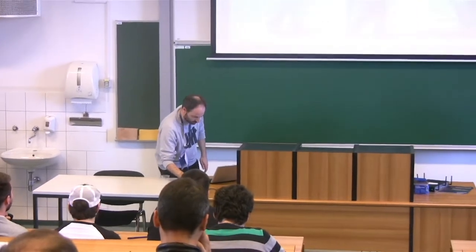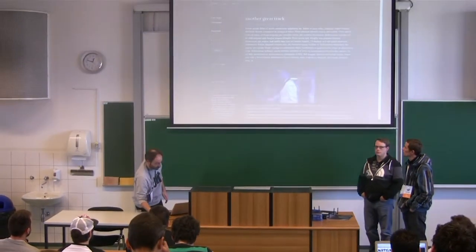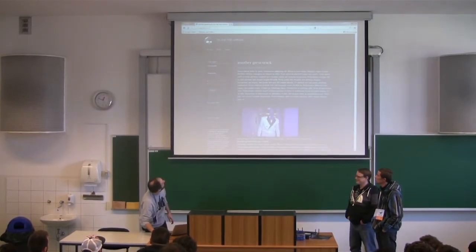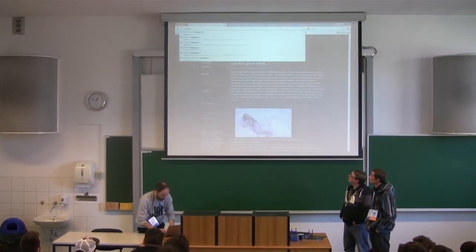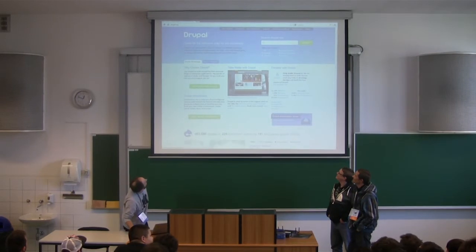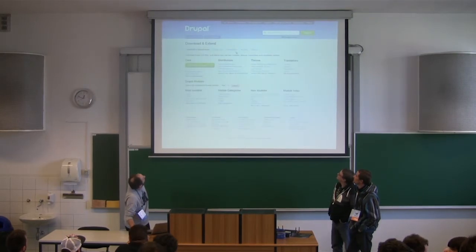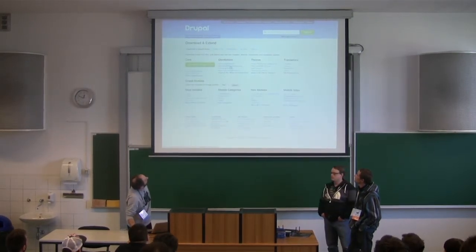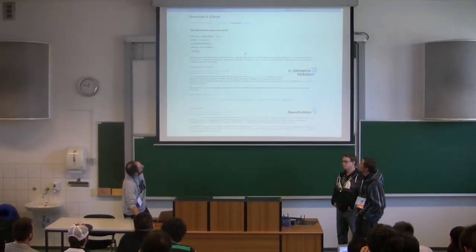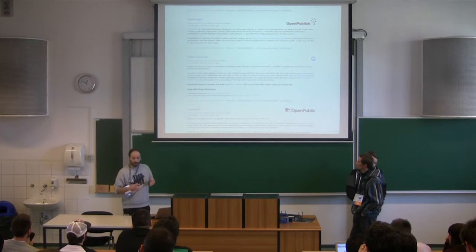If you go to Drupal.org, there is a section about distributions. It should be in download there, and there we have the most installed distributions. So you have this Commerce distribution, the Open Publish, Drupal Commons.